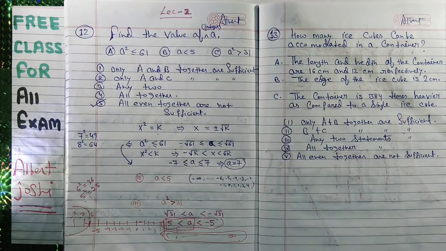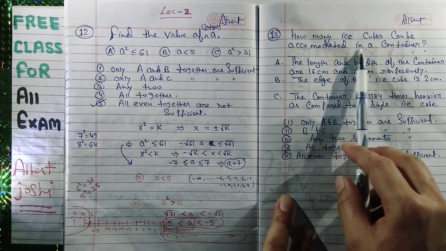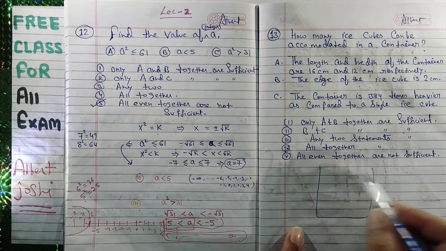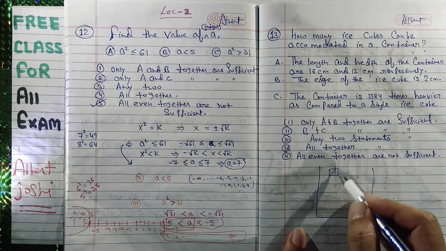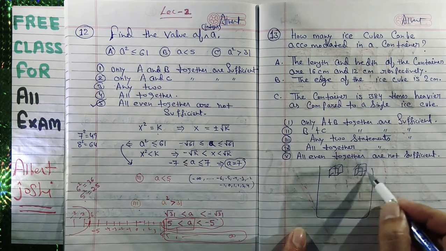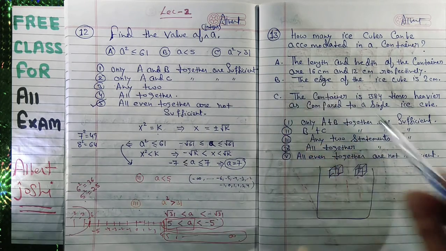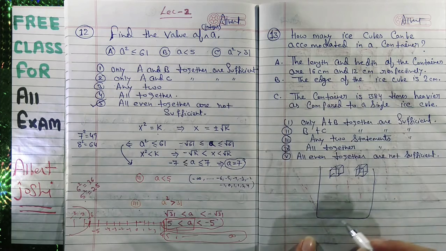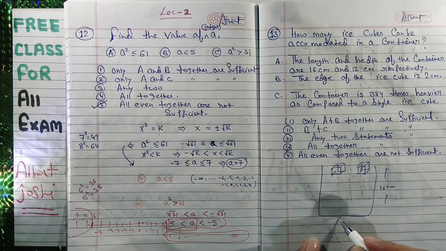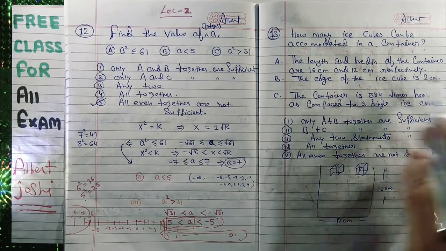Now the second question: how many ice cubes can be accommodated in a container? You have one container, and he is asking how many ice cubes. You have seen ice cubes also. The length and breadth of the container are 16 centimeter and 12 centimeter. Suppose this is 16 centimeter and this is 12 centimeter, length and breadth.